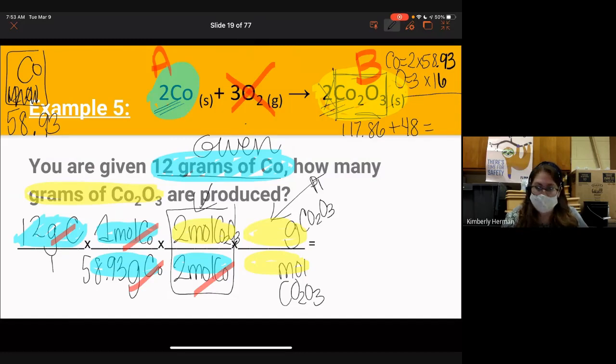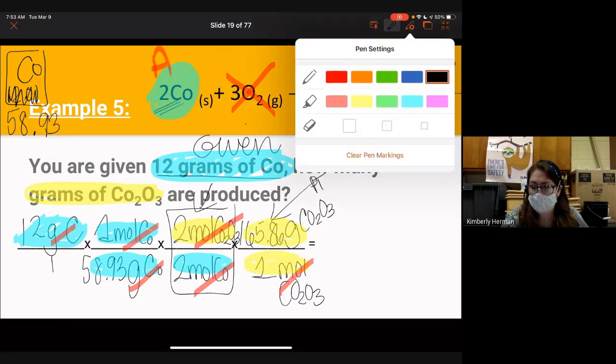So 117.86 plus 48 gives us 165.86, and that's the number we're going to put in our final line here. So 165.86. Now notice that our mole and mole will cancel out. And what kind of mole is it? It's just 1 because it's molar mass.